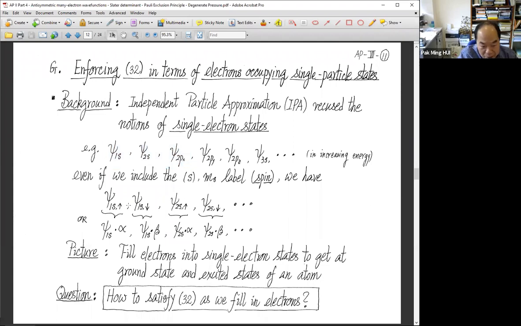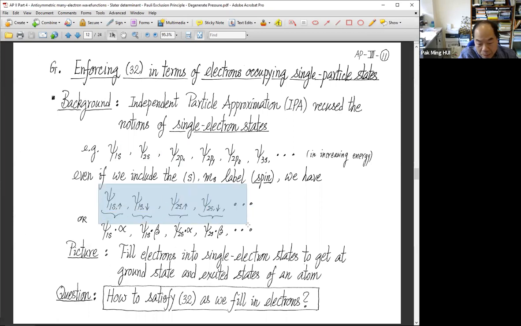Including spin, we would have 1s up, 1s down, 2s up, 2s down, 2p_x up, 2p_x down, etc. These are states waiting for electrons to go in. Now we have a question.